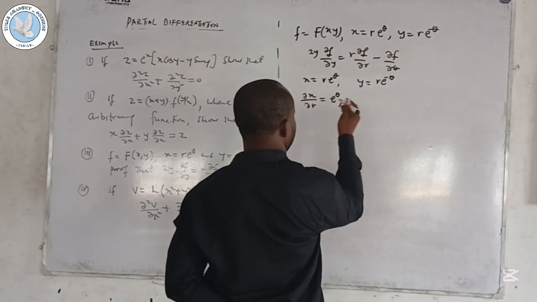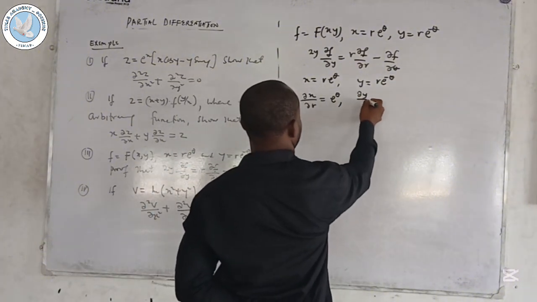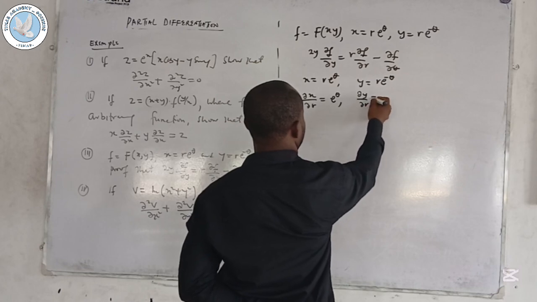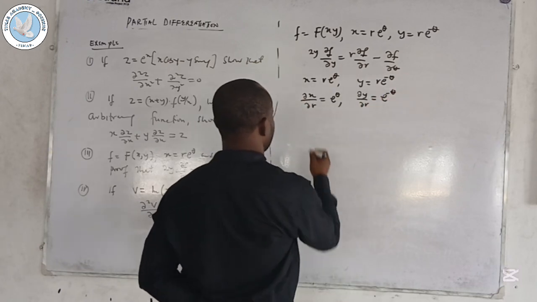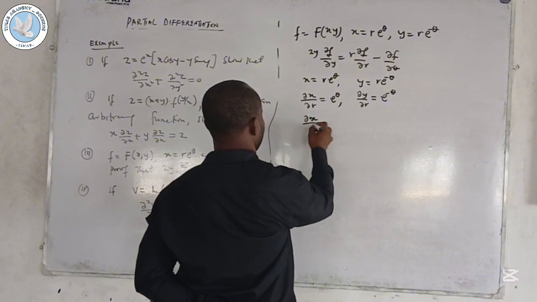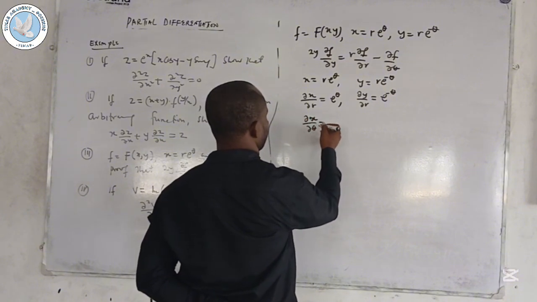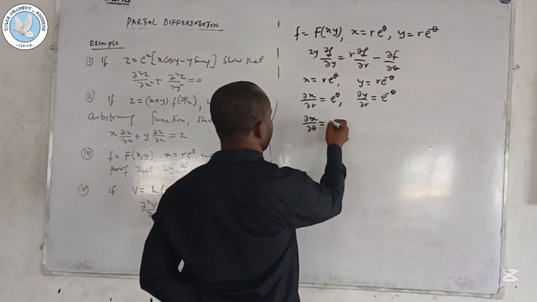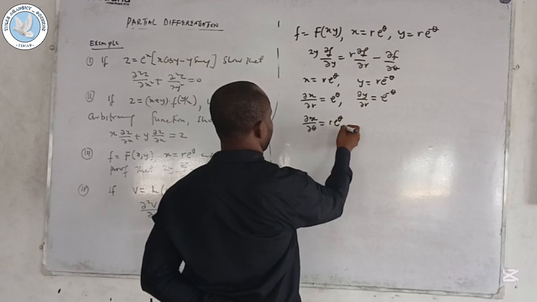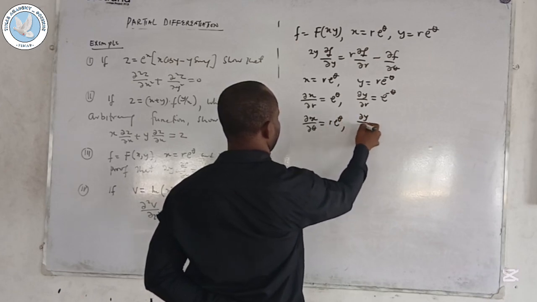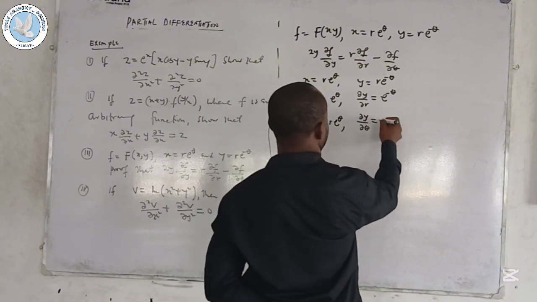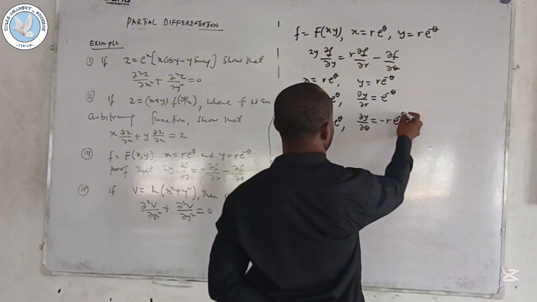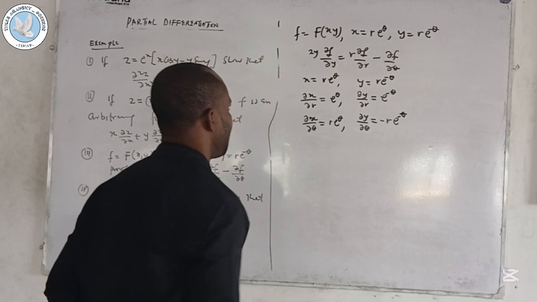With respect to r here, we are having this, and also x with respect to theta, we are actually having the same thing, and y with respect to theta, we are having the same, but minus in this case because of this.